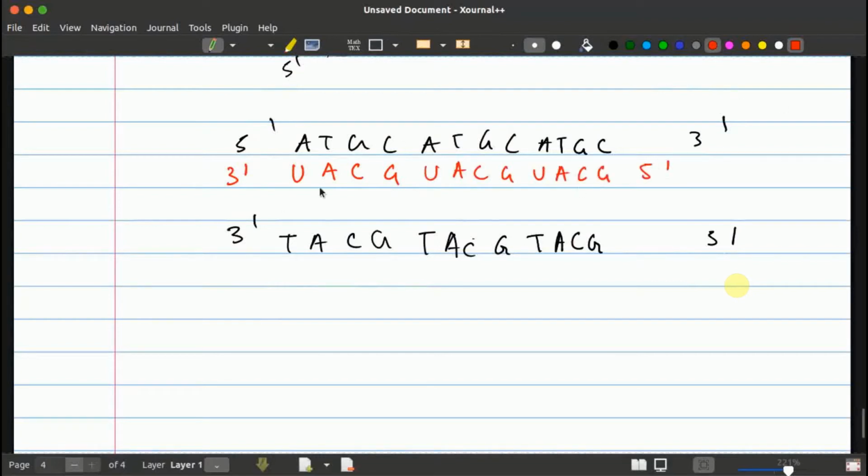Good observation. Now what will the next one be? Same, right? Do you see the issue now?